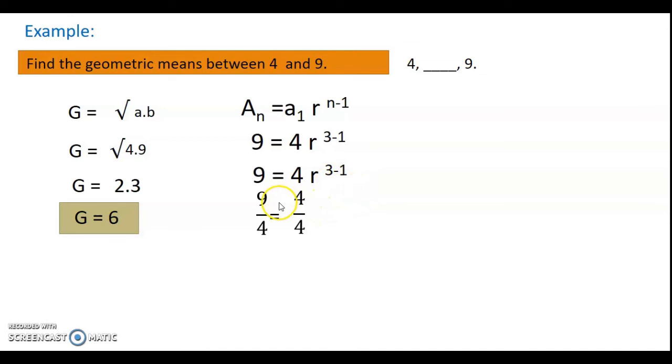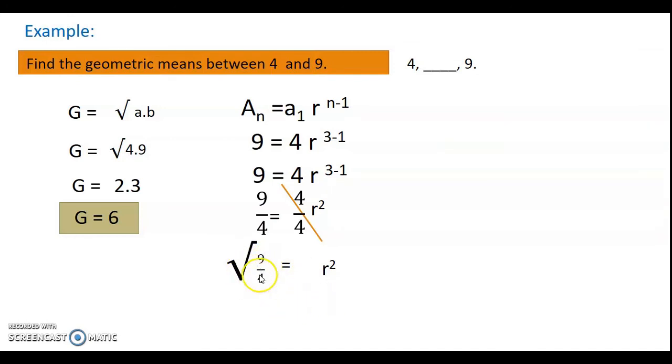So we will divide 9 over 4, and 4 over 4 cancels out, leaving r squared, to get our r. So 9 divided by 4 is equal to r squared, and we take the square root of both sides.